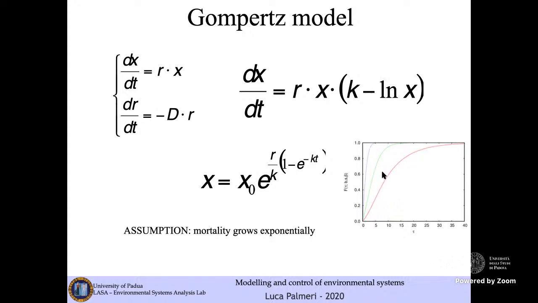This means that the saturation values, or if you want the inflection point, the point at which you have the maximum growth rate, arrives very quickly, very soon. So you have an inversion of the concavity of the curve that happens very soon, due to the fact that the growth rate is decreasing exponentially with the population.